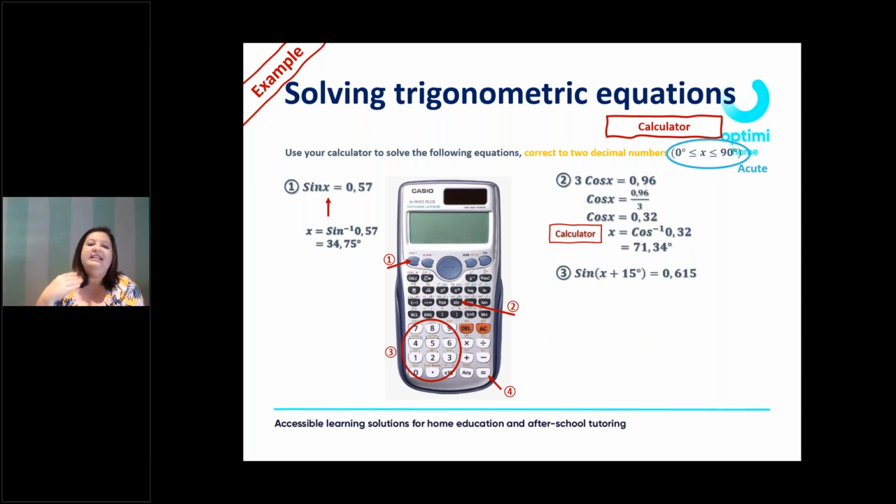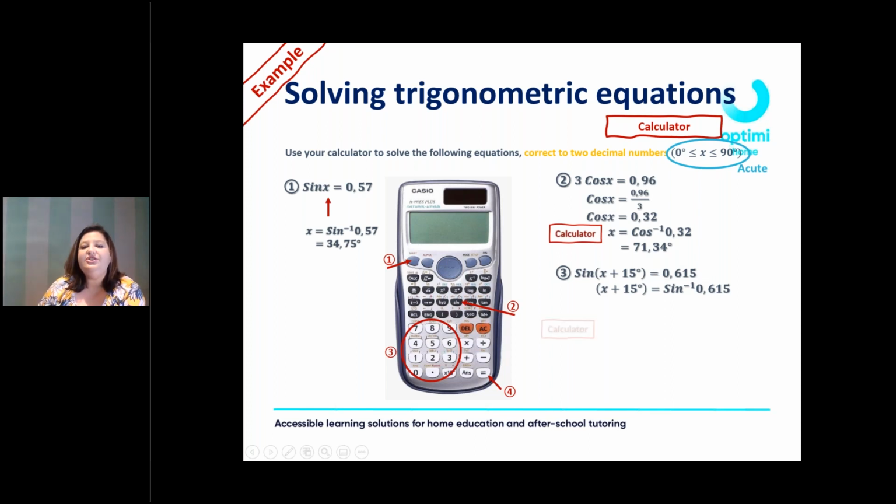Okay, so firstly, let's write it in the way that I can actually calculate my angle. In the other cases the angle was x, but in this case my entire angle, x plus 15, is equal to sin to the power -1 of my value.